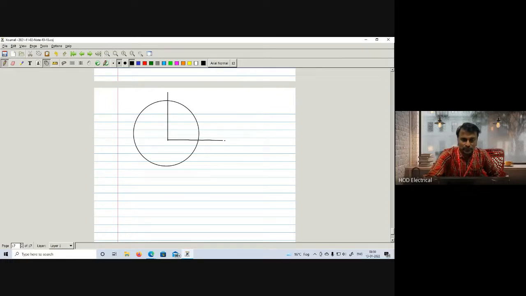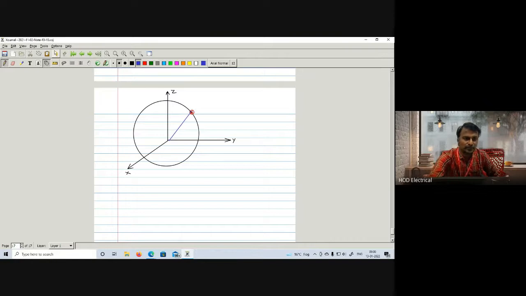We have the x-axis, y-axis, and z-axis. We have assumed this is the point. Let me take another color. This is the point.